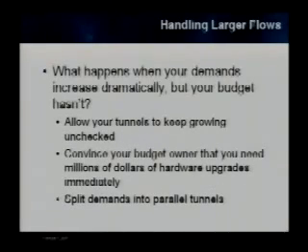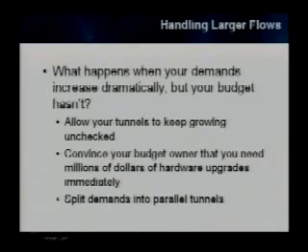So now, what happens when your traffic flows start to get bigger? You can allow your tunnels to just keep growing and have 4, 5, 10, 12 gig flows on a specific tunnel.